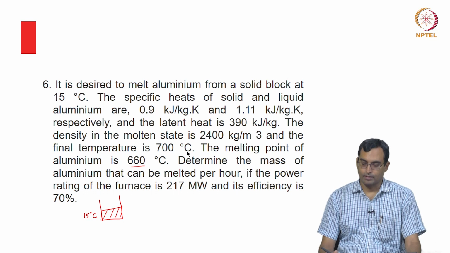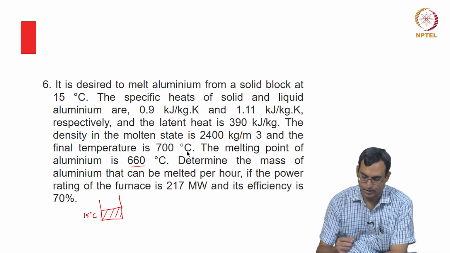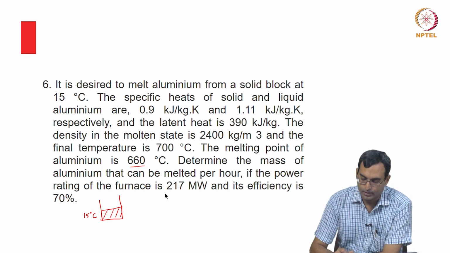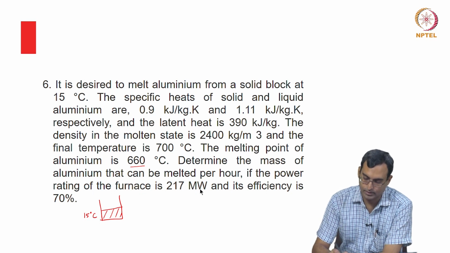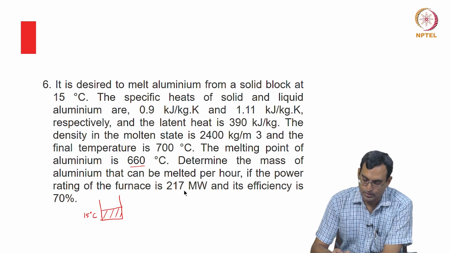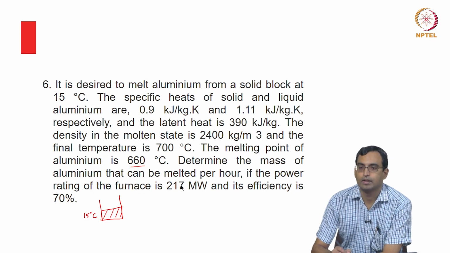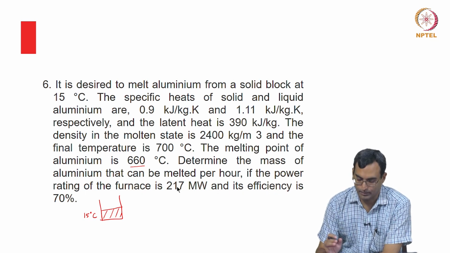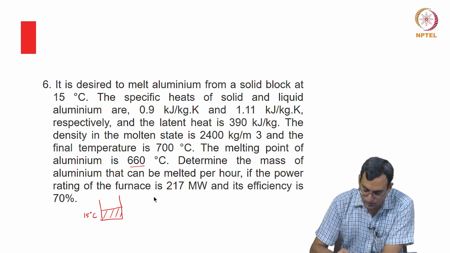So, the process is in this fashion as we have just discussed. We can write down the formulae which are important. I am giving some amount of heat. The rate of heat transfer is 217 megawatts. This heat would go into increasing the temperature of solid aluminium, melting the aluminium, and then increasing the temperature of liquid aluminium. So, I have Q dot as 217 megawatts.